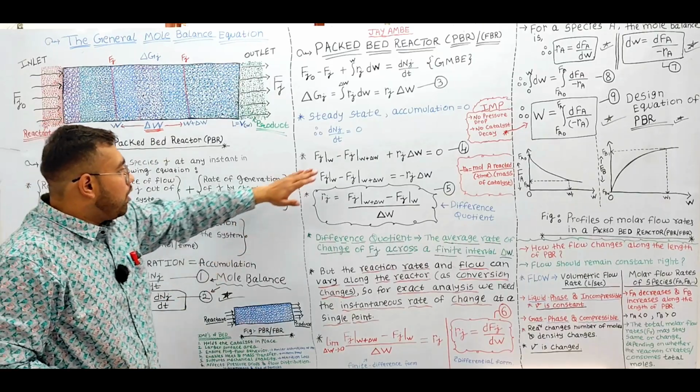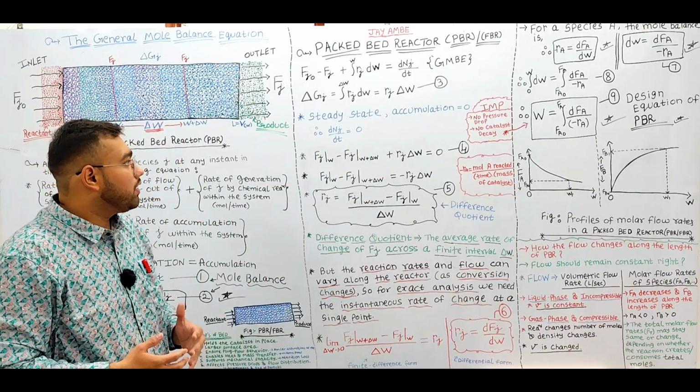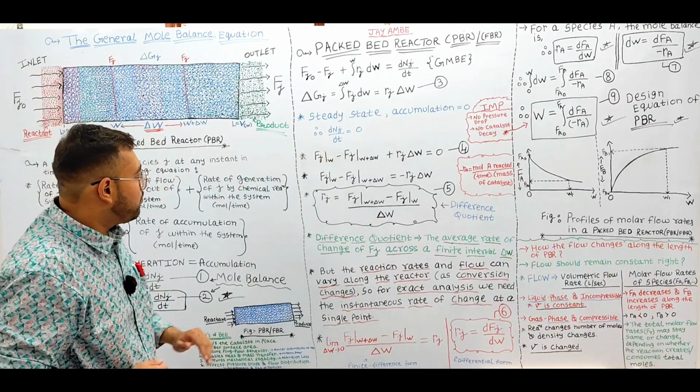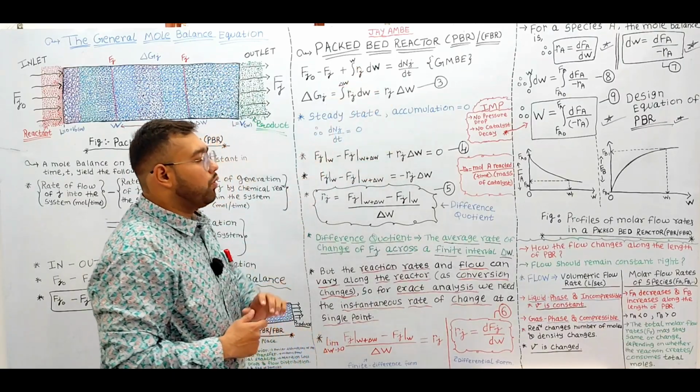Now we are considering steady state conditions, which means the accumulation term will be equal to 0. Therefore dnj by dt is equal to 0. So we'll put both the values in the general mole balance equation.